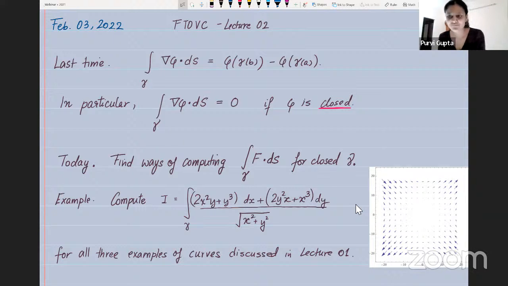I have a question regarding the regular parameterization that you asked for a circle. I'm trying to visualize something. Whenever we say something is regular, suppose we are tracing a curve and t is a time parameter.